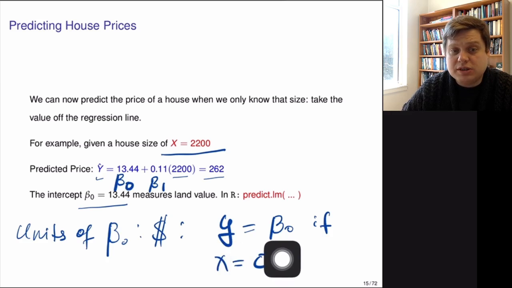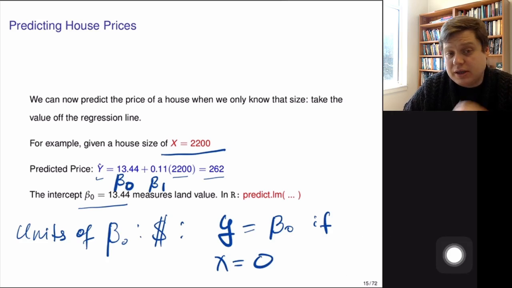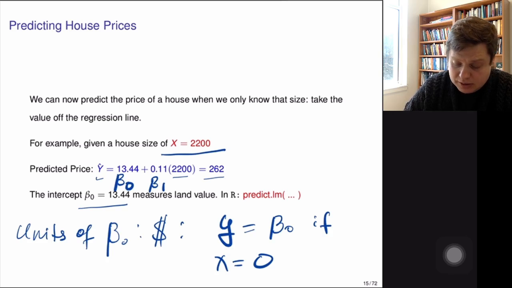In other words, beta 0 is the price of the land that you have on your property. So in this case, we actually have a very nice interpretation of the parameters of the model. Beta 0 gives us the price of the land, and beta 1 tells us the price of the house per square foot. And now, we showed an example of doing the prediction.